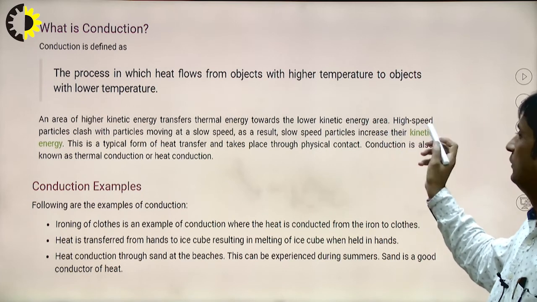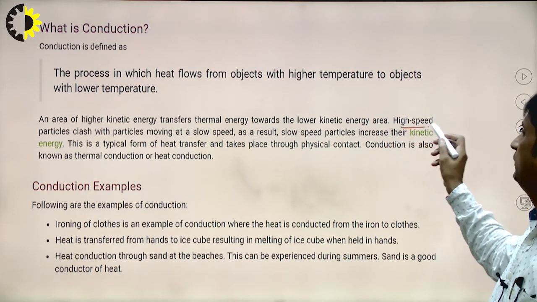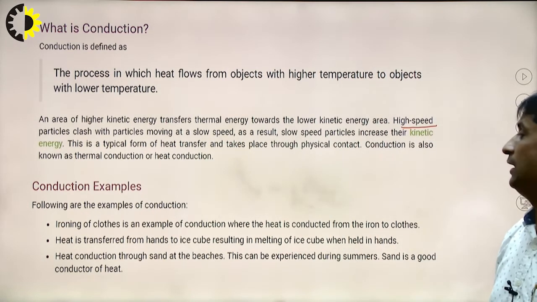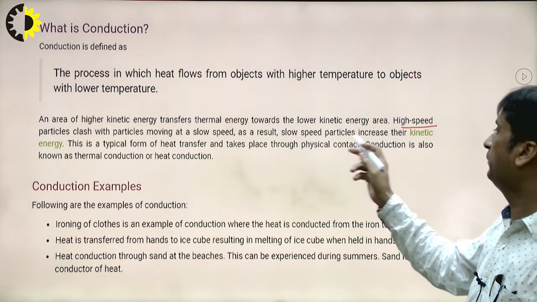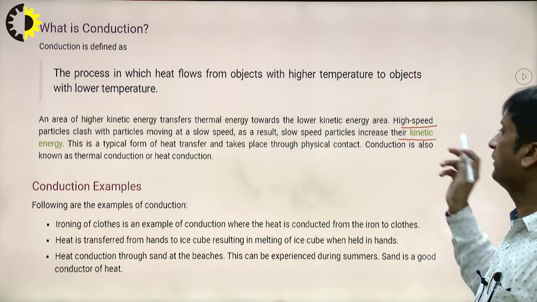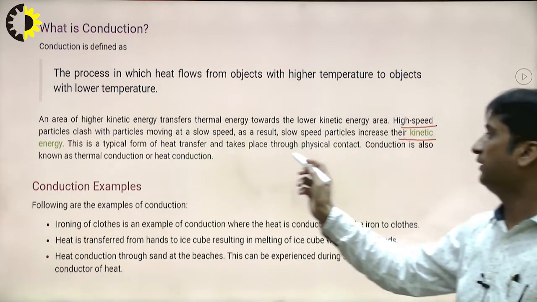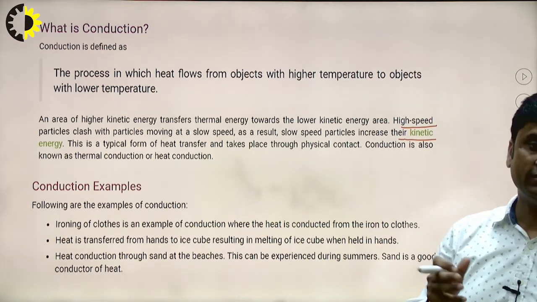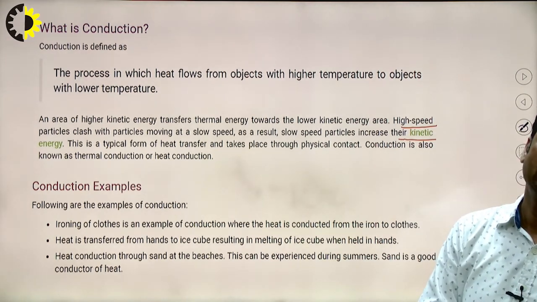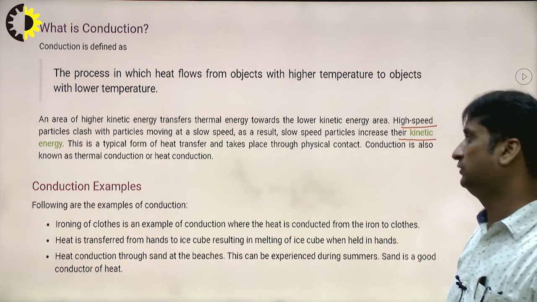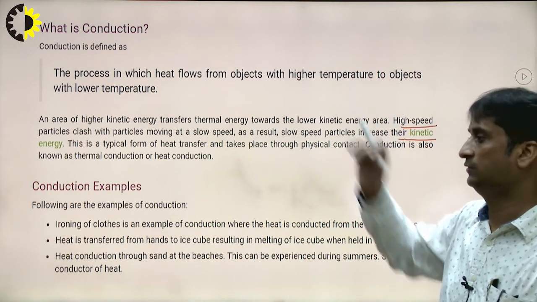A high speed particle clashes with particles moving at slow speed. As a result, slow speed particles increase their kinetic energy. This is the typical form of heat transfer and takes place through physical contact. So it always takes place in physical contact. Conduction is also known as thermal conduction and heat conduction.